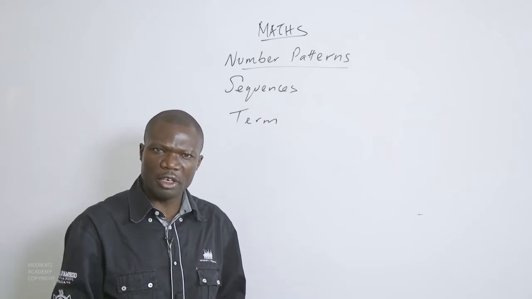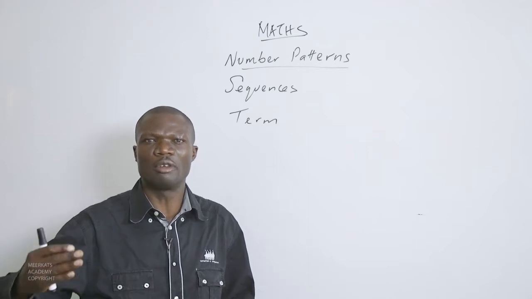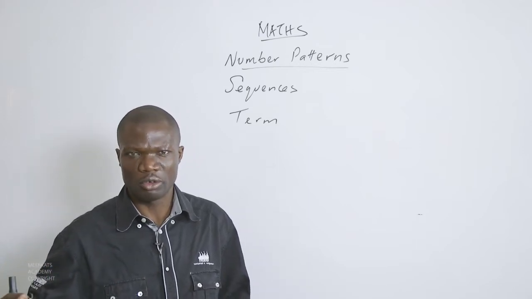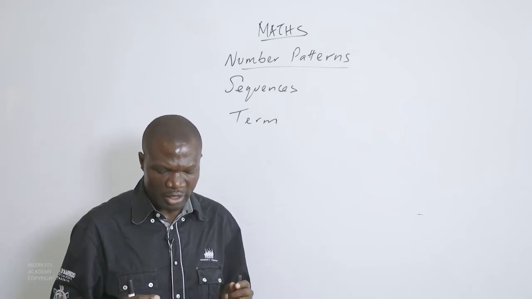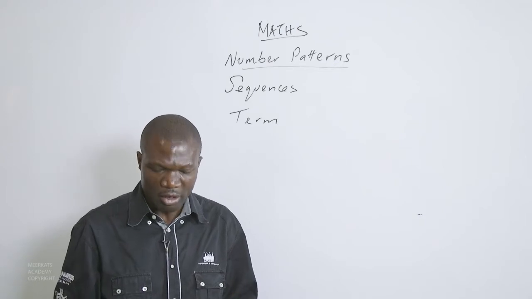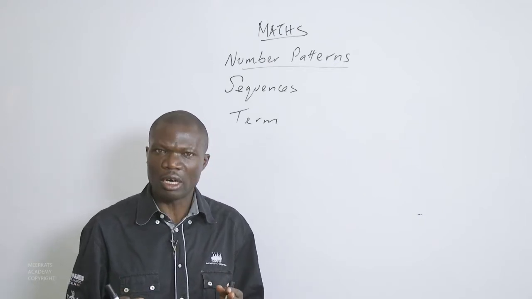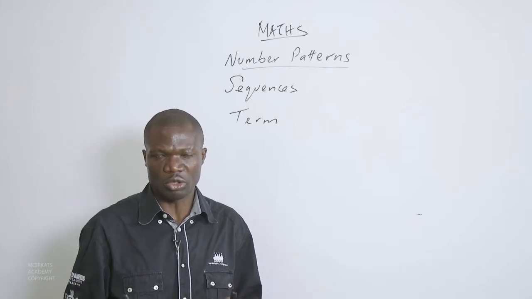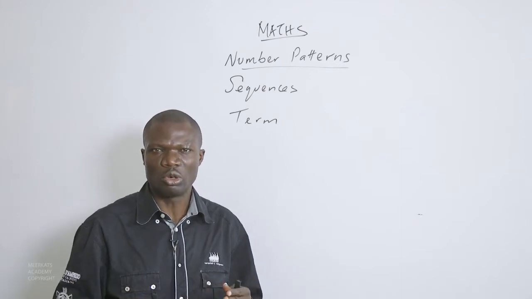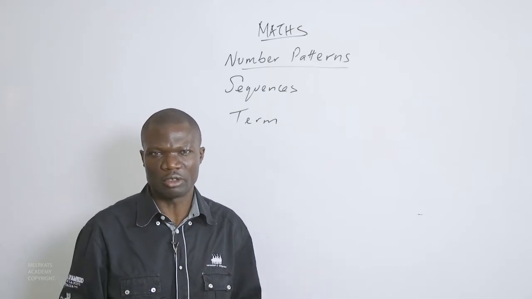Now, for a particular number pattern, we need to be able to know how this sequence will flow. So there are strategies that are normally involved in number sequences so that one is able to know what will be the next term given a sequence of numbers.